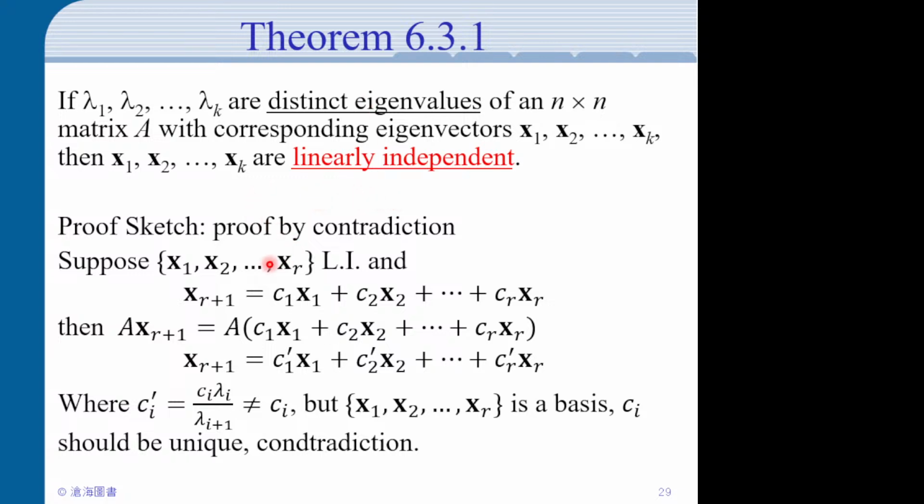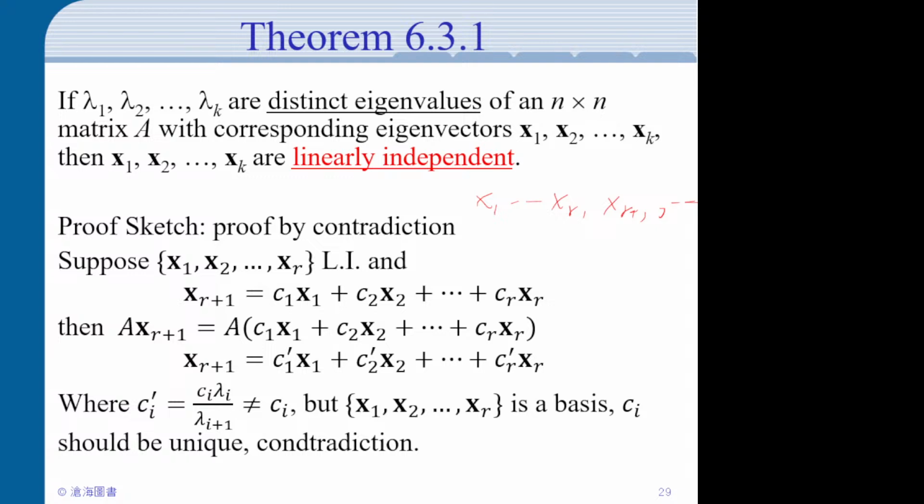If the first r vectors are still linearly independent, and the r plus 1 vector is the one that makes everything linearly dependent, then we have found the boundary: x1 to xr, then xr plus 1, and we don't care about the other vectors.